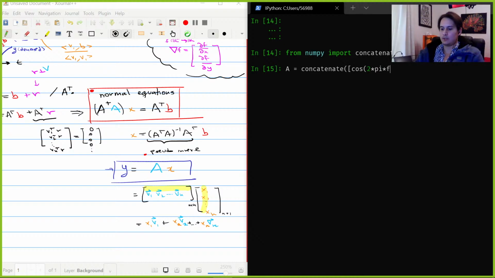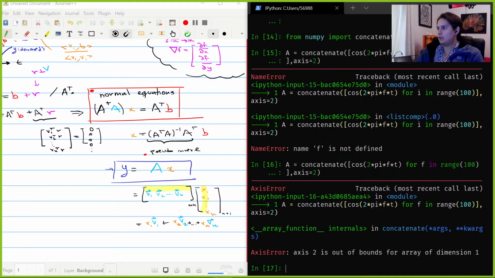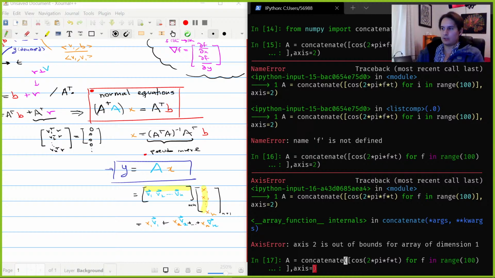Let's put this index as frequency so it's more clear. And then for i in range 100. And this will be concatenated in the axis 2. F not defined, sorry. Sorry, 1. In Python, we start from 0, so the second axis is the axis 1.